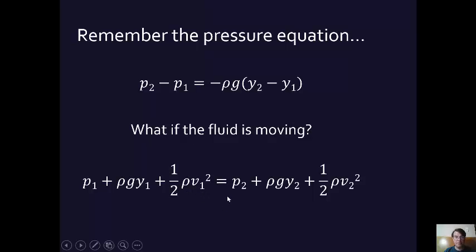That is going to equal the total of the pressure at point 2 plus the potential energy at point 2, which is rho g y2, plus the kinetic energy at point 2, 1/2 rho v squared. And so basically, at any particular point in time, this is going to be a constant for the fluid in question. Okay, that's Bernoulli's equation.